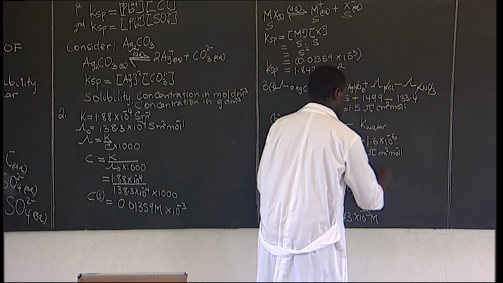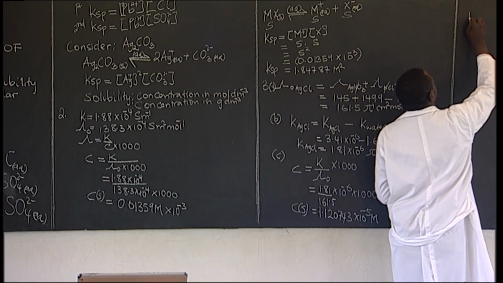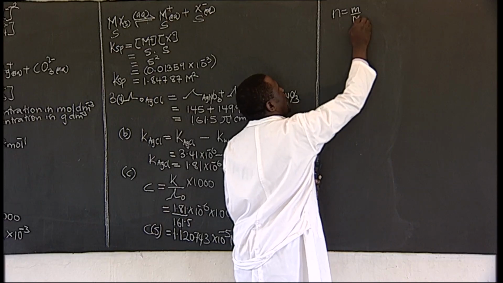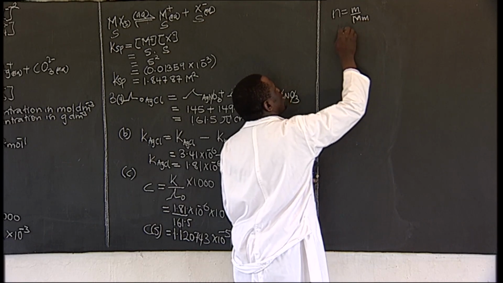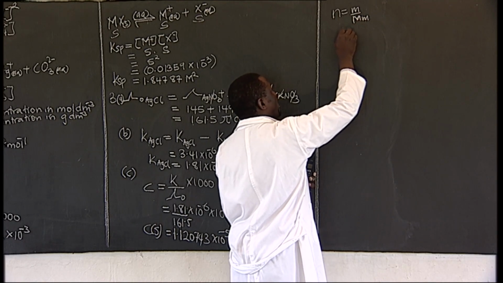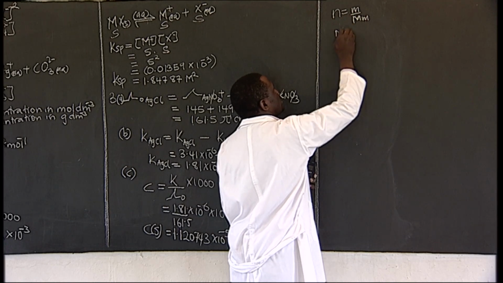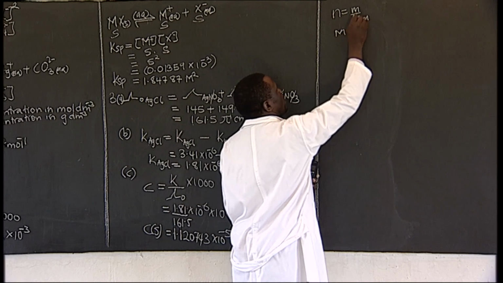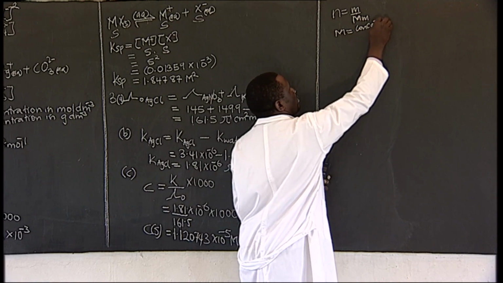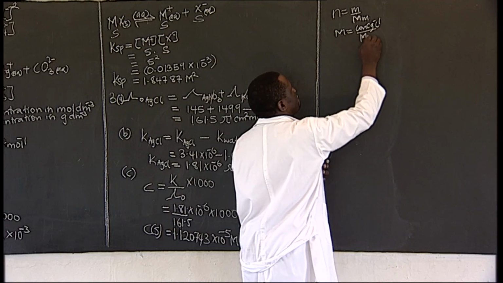So let's do it here. You know that number of moles is equal to mass over molar mass. So it means that molarity will equal this one, which we are going to call our concentration in gram per liter, divided by molar mass.